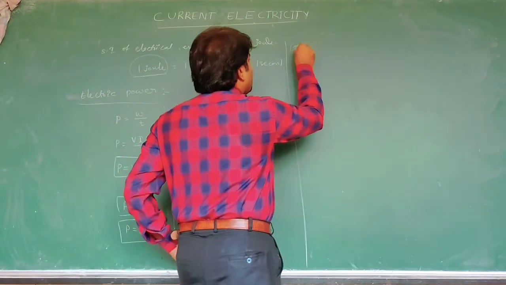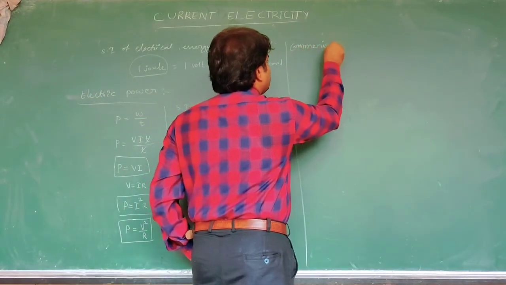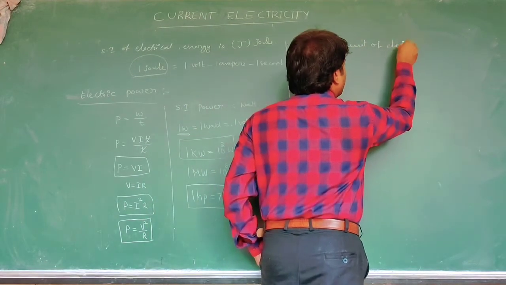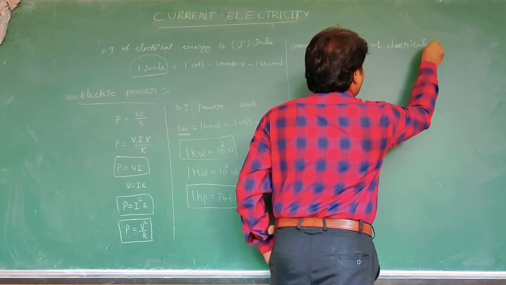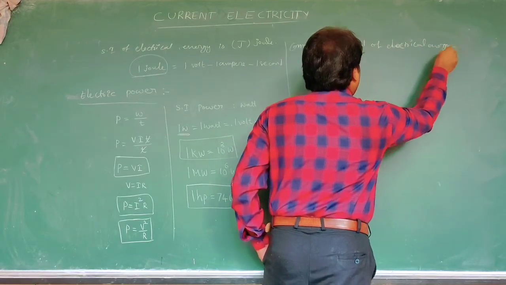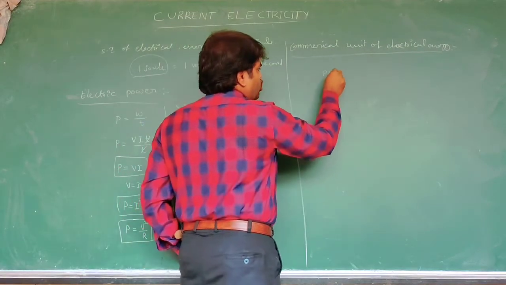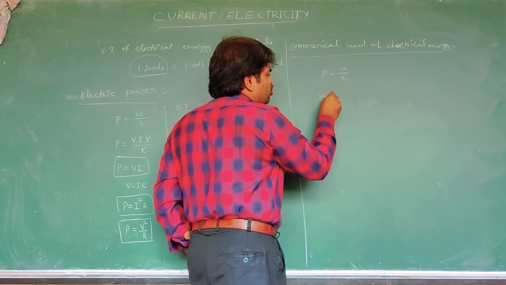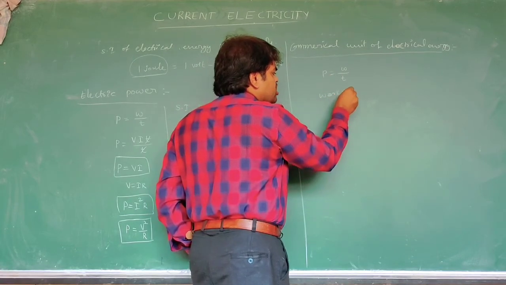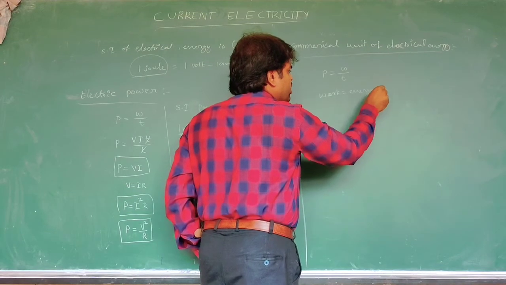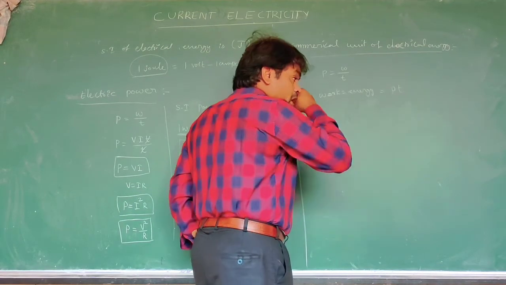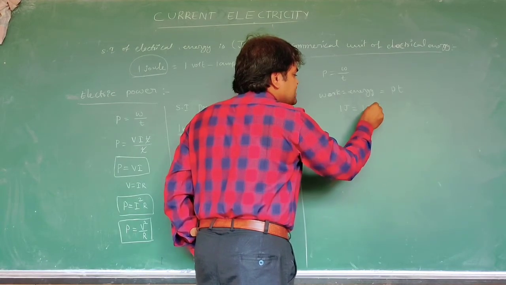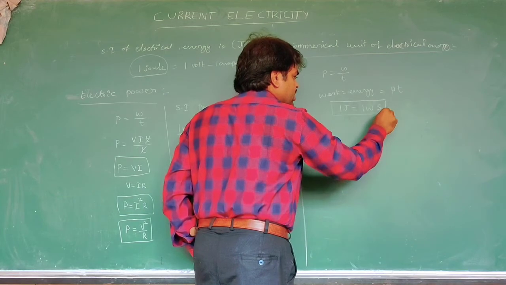We know the formula for power, P is equal to W by T. Then W, the work or electrical energy, is equal to P into T. That means 1 joule is equal to 1 watt second.